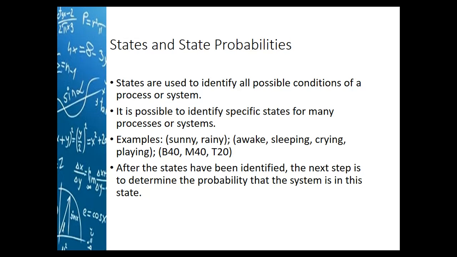Okay, and then you can use the same concept, you can use the same transition matrix, but the state now is different. Now in this case, you are talking about a baby. A baby's mood, for example, is either in the state of awake, sleeping, crying, or playing. You see, this one is more on social behavior, right? But the sunny and rainy condition is on weather condition.